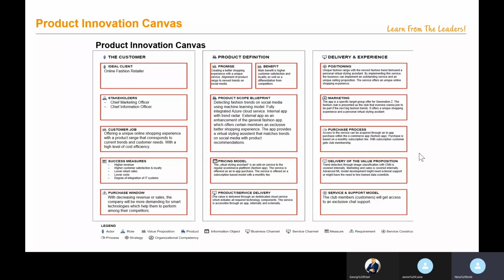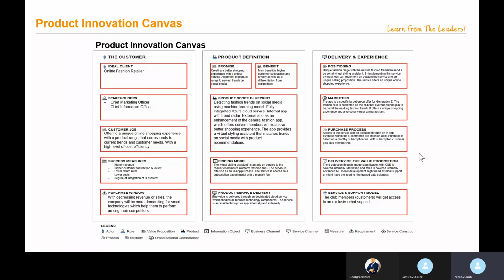The purchase process will be that you have access to the service, which can be acquired through an in-app purchase with the e-commerce app, and the purchase is based on a monthly subscription fee. With the subscription, the customer gets club membership. And how is the value proposition delivered? The trend detection through image classification with convolutional neural networks is covered internally.